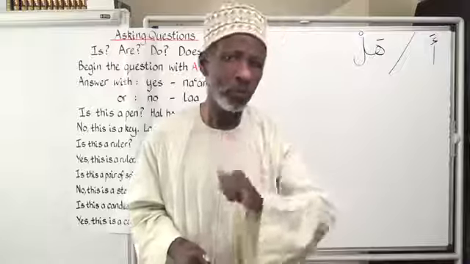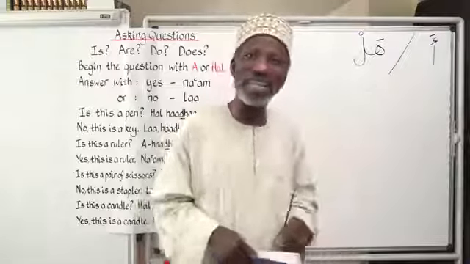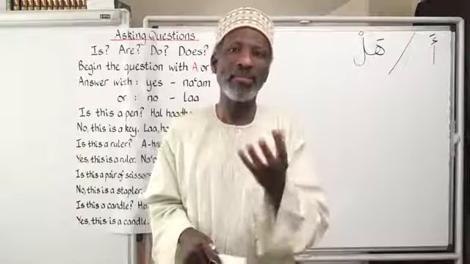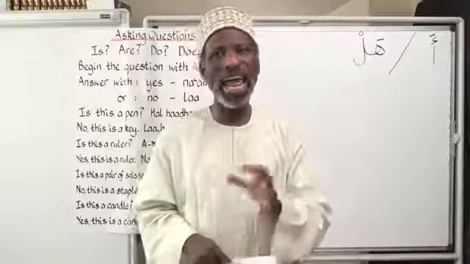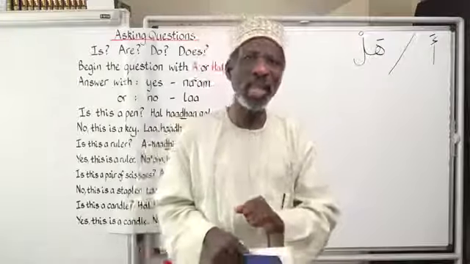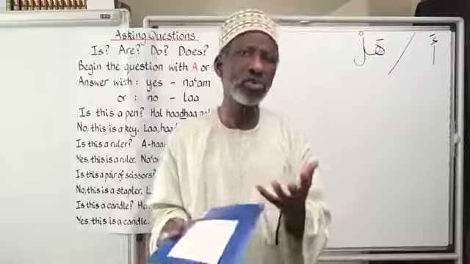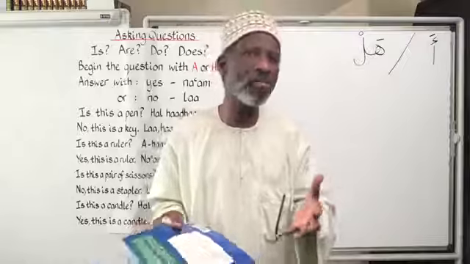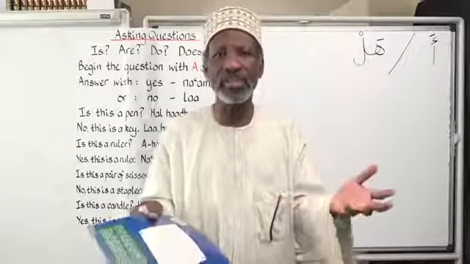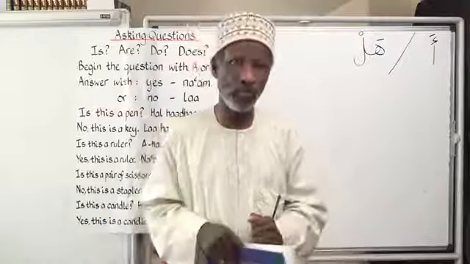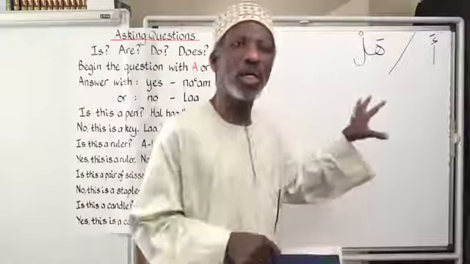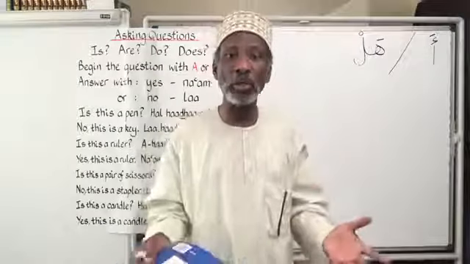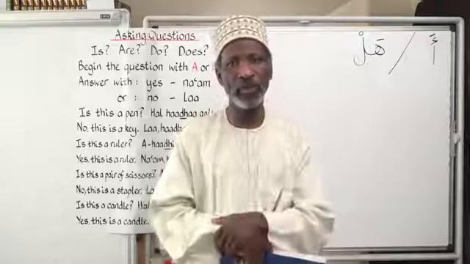Let me tell you first of all that these tools are the simplest interrogative particles. Number two, they are used for questions which may be answered yes or no. Number three, they occur at the beginning of nominal or verbal sentences.